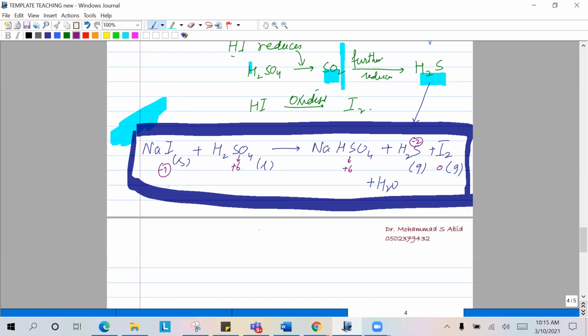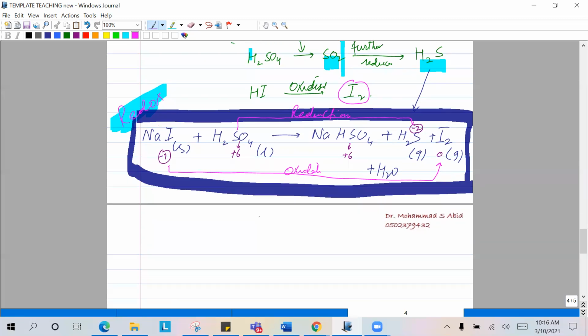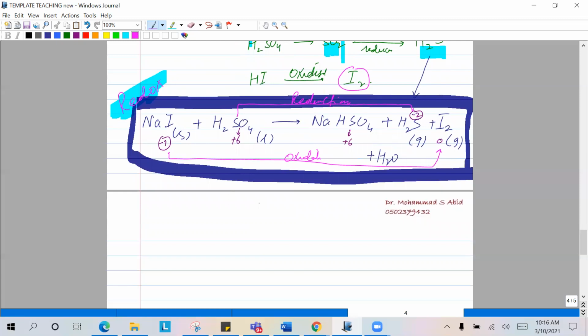So the I minus is changing into 0, an increase, that is oxidation. We already said iodine is formed due to oxidation, and the sulfur in H2SO4 changes into S-2, it decreases, which means it is reduction. So this is also a redox reaction.